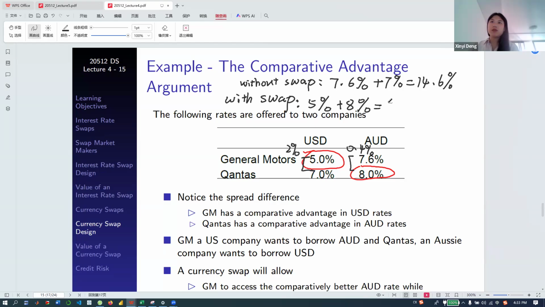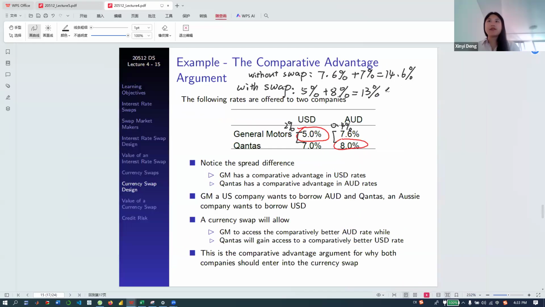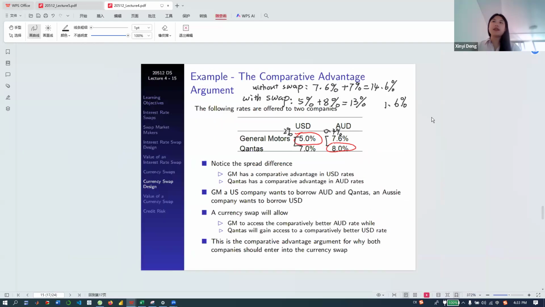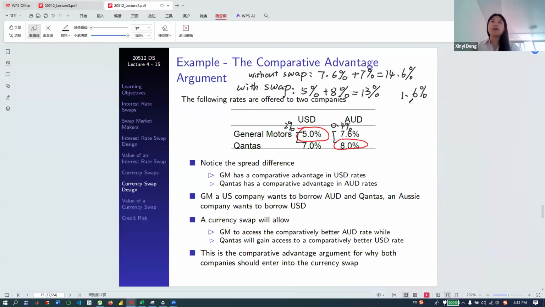And that's going to be equal to 13%. So we can see that we have a gain of 1.6%. Of course, to design the swap contract based on this gain, we also need to take into account the commission of the financial intermediary.